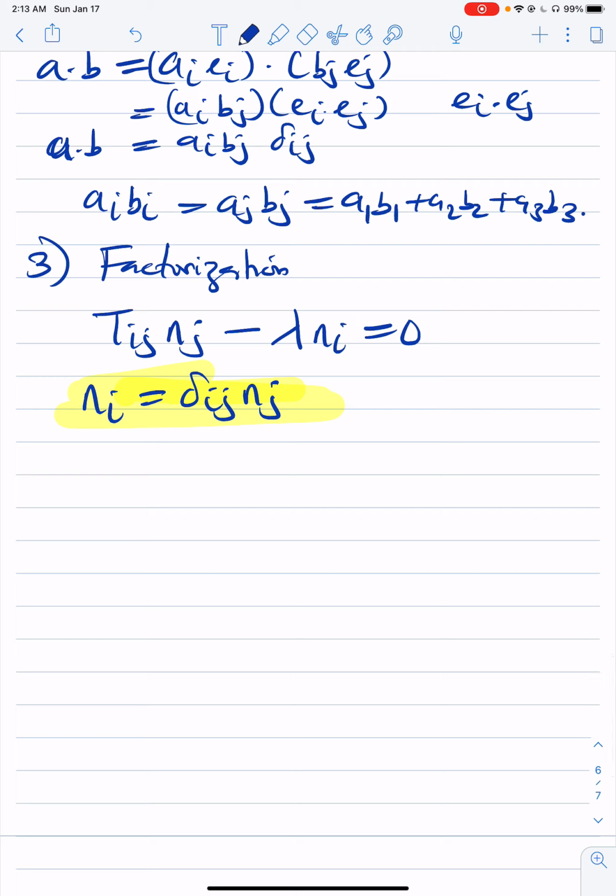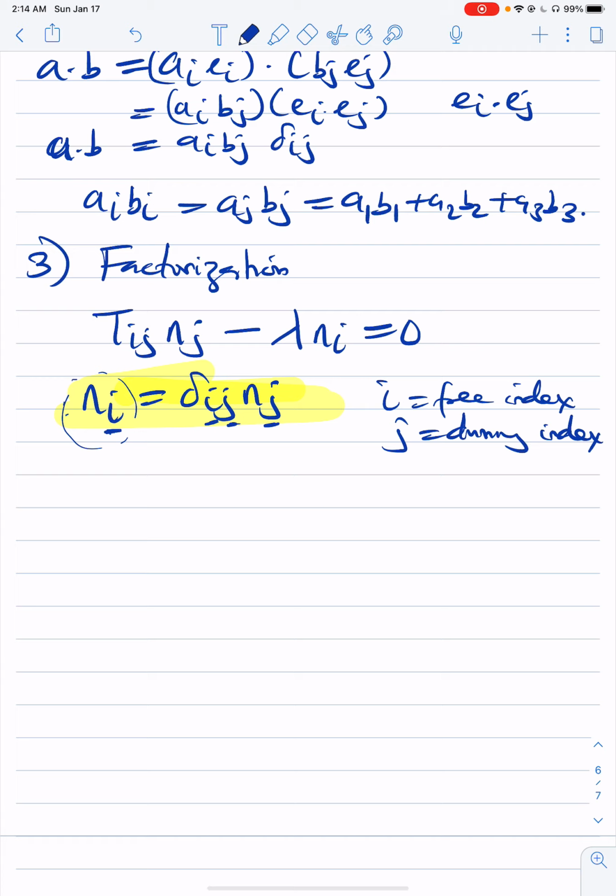You see this, i is a free index. It appears on either side of the expression, here or here, just once. j is the dummy index and does not appear more than 2 times. If you look at this closely, this one is just 1 here, and here is just 1. So the Kronecker delta times this n_j gives this n_i. It's just a useful expression to know.